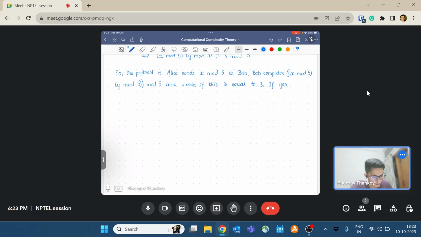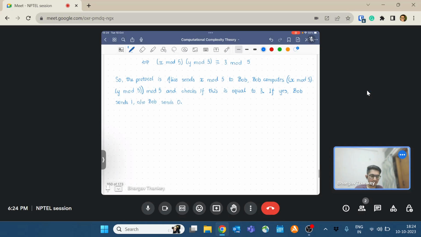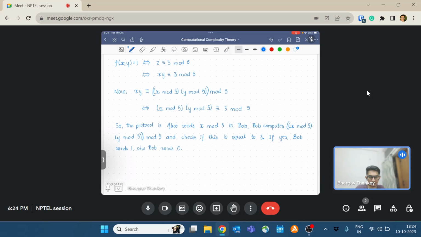Bob sends 1. Now this protocol clearly computes the function f(x, y) correctly because of this chain of implications over here.